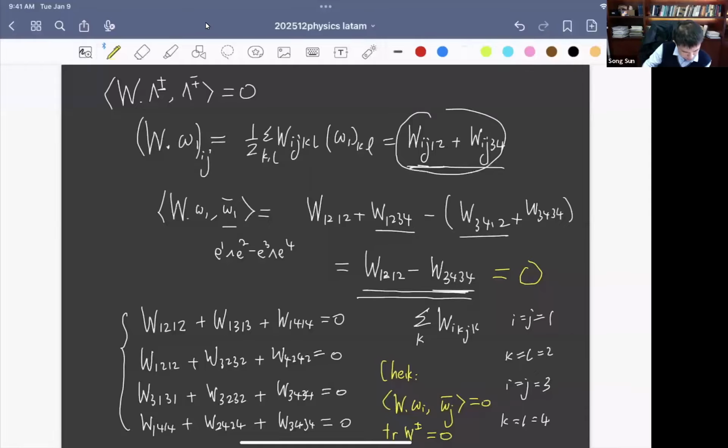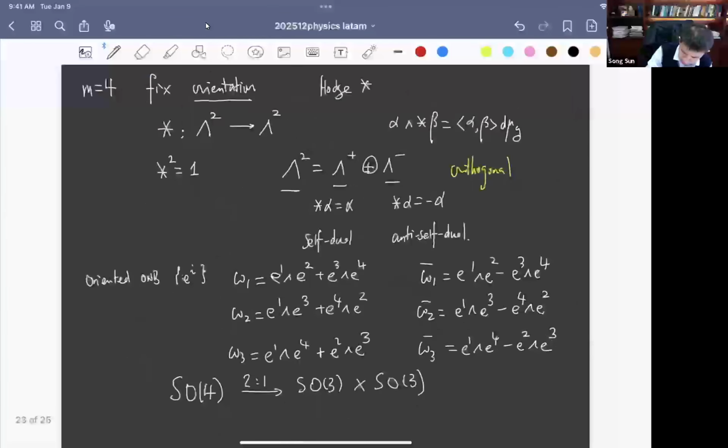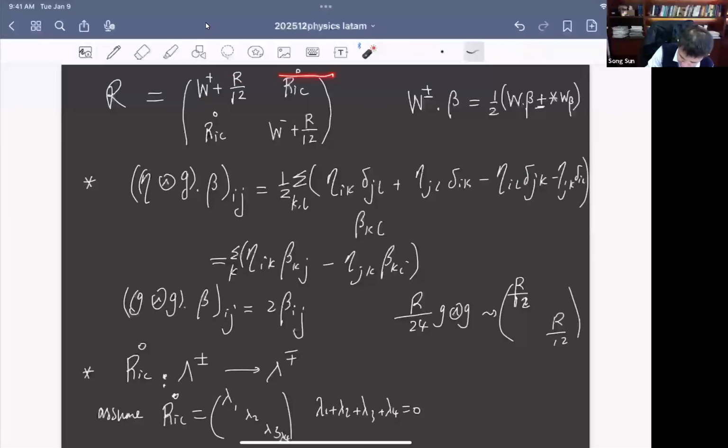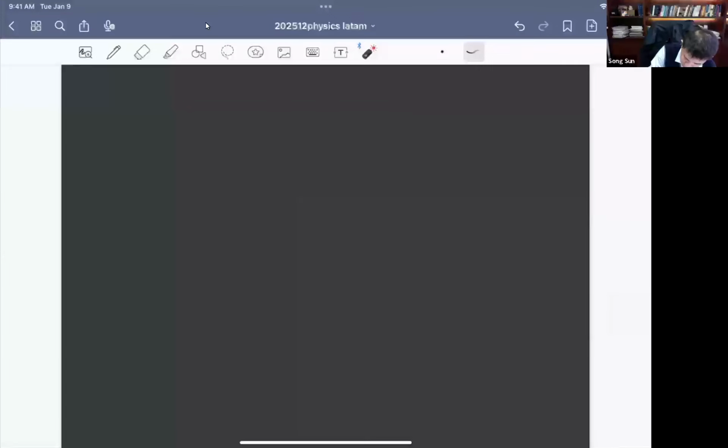Okay, so this is four-dimensional geometry, and the whole thing depends on the orientation. If we change orientation, we will change the number of plus and the number of minus, and we will change W plus and W minus. Just a remark.